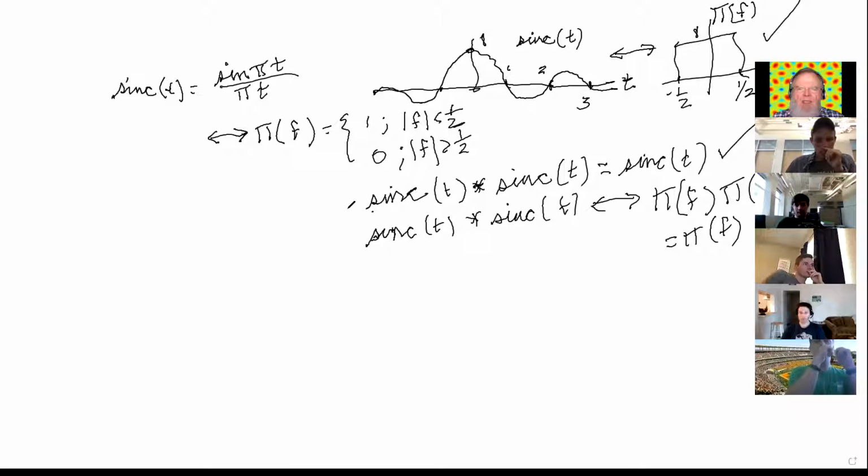I do not understand why a sinc convolved with a sinc, at least in the time domain, is a sinc. It doesn't have any intuitive feeling for me. But once I do it in the frequency domain and I apply the convolution theorem that the convolution in one domain is equal to multiplication in the other domain, it does make sense because a rectangle times a rectangle is equal to a rectangle.